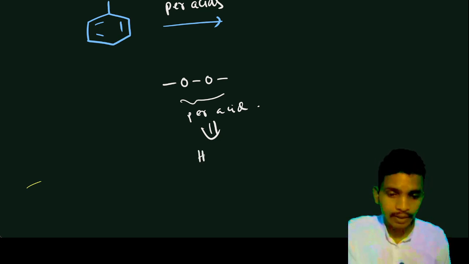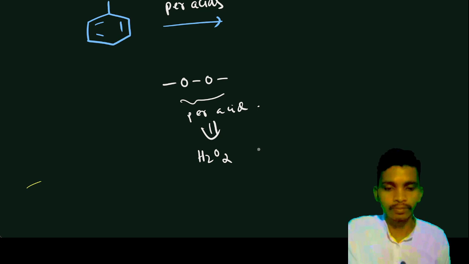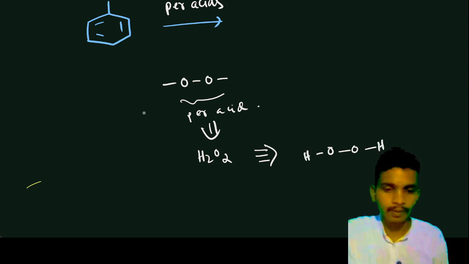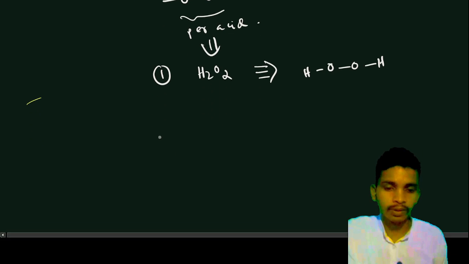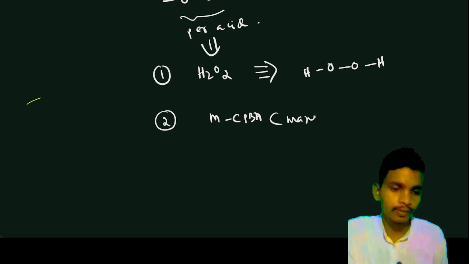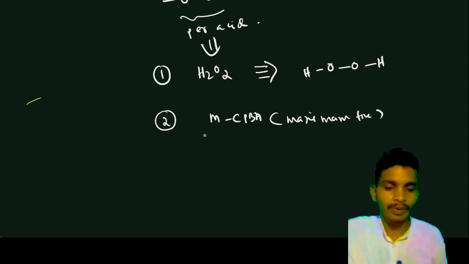That can be H2O2, with O and H's like this, and it can be meta-CPBA. Most of the time this will be used. Meta-CPBA means meta-chloroperbenzoic acid.